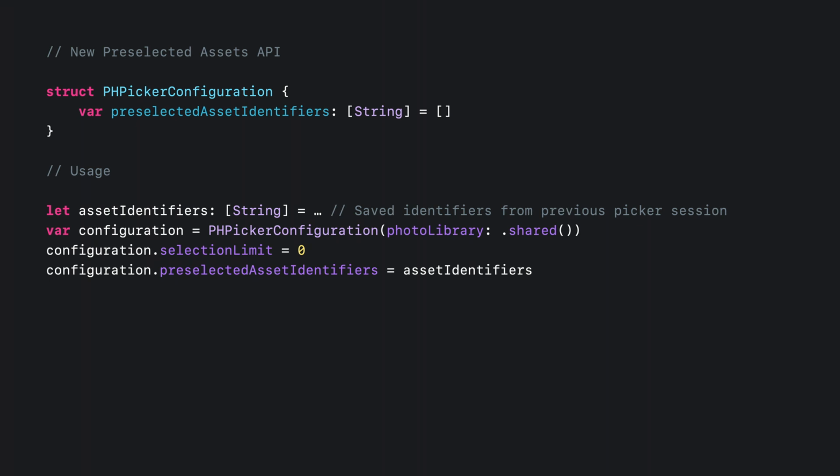All right, let's take a look at the code. To set pre-selected assets, you only need to initialize the configuration with a photo library object and enable multiple selection. You can set pre-selected assets using the new preselectedAssetIdentifiers API.